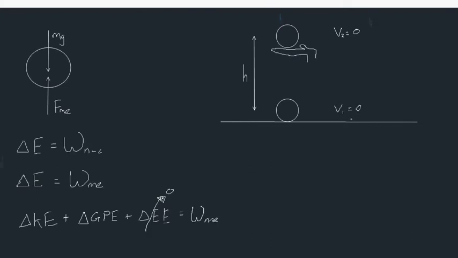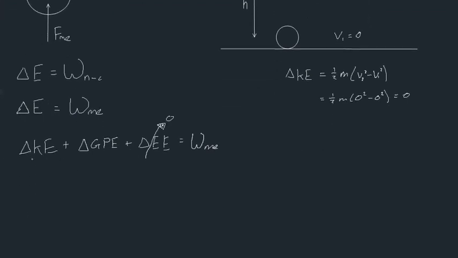You can work that out too, but it essentially means that our change in kinetic energy is going to be 1/2 m times v2 squared minus v1 squared, which is equal to 1/2 m times 0 squared minus 0 squared, which is just equal to 0. In other words, there's no change in kinetic energy. The ball hasn't sped up or slowed down at all. So this term is equal to 0 because the velocities are the same at the start as they were at the end.